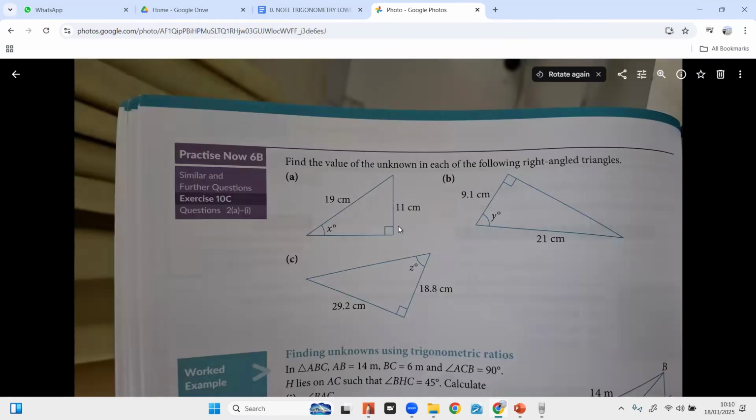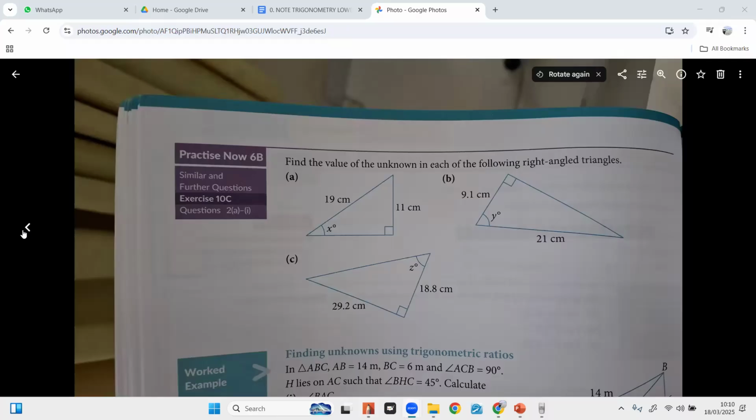We did this previously, but we skip it. X uses opposite over hypotenuse, sine. B, adjacent over hypotenuse, cos. C, opposite over adjacent, tan.